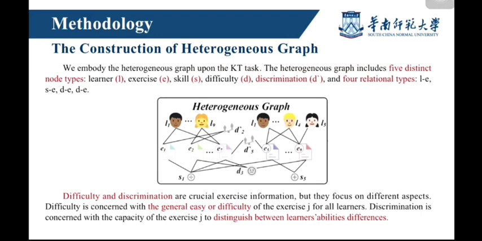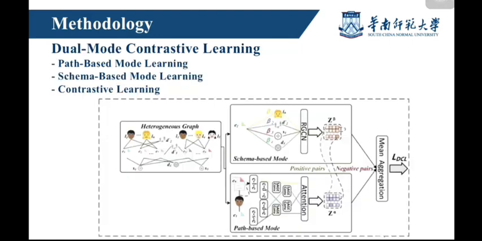Difficulty is concerned with the general ease or difficulty of the exercise for all learners. Discrimination is concerned with the complexity of the exercise to distinguish between learners' ability differences. This dual-mode contrastive learning part is mainly divided into 3 parts: path-based mode learning, schema-based mode learning, and contrastive learning.